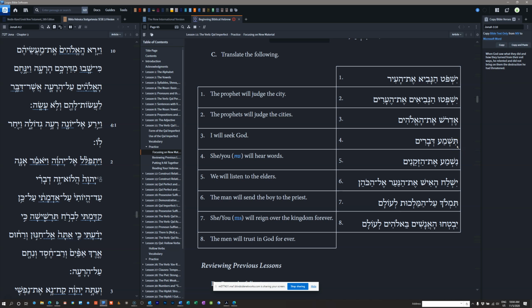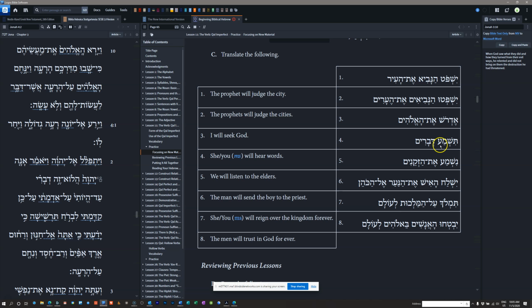Yes, in the qal imperfect, the 3fs, the 2ms, and the 2fs all have it, and we know it's singular because we don't have a suffix here, which means we also know it's not 2fs because that would have a suffix. So the tav prefix with no suffix indicates a qal imperfect 3fs or 2ms.